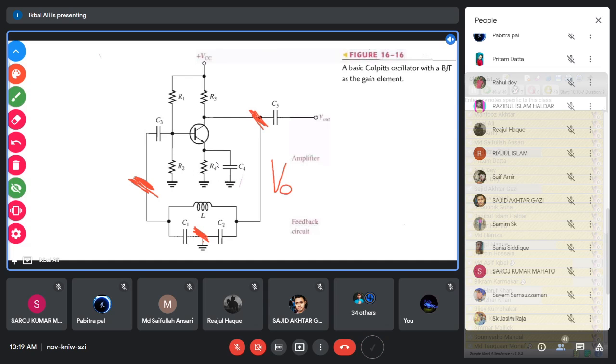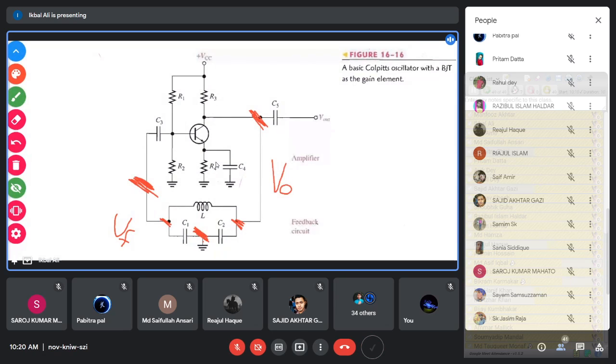Then that entire output voltage is developed across C1, C2. You see that this is the output terminal, and this is the ground terminal. So across C2, you have the entire output voltage. And the feedback voltage is here. This is your feedback voltage at this point, with respect to ground.